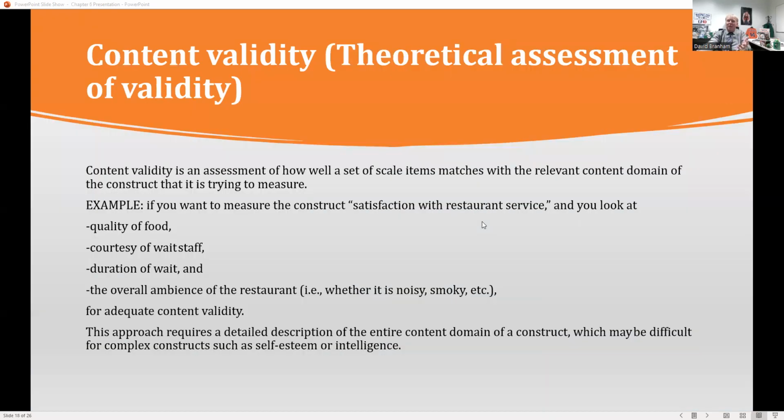Then there's content validity. Content validity is an assessment of how well a set of scale items matches with the relevant content domain of the construct that it's trying to measure. Now, as I said, I have issues with this because sometimes the construct that you're trying to measure has different aspects to it, where questions might be trying to measure one aspect, and then a different question is trying to measure a different aspect. If you do that, there will be an inconsistency in your measures.